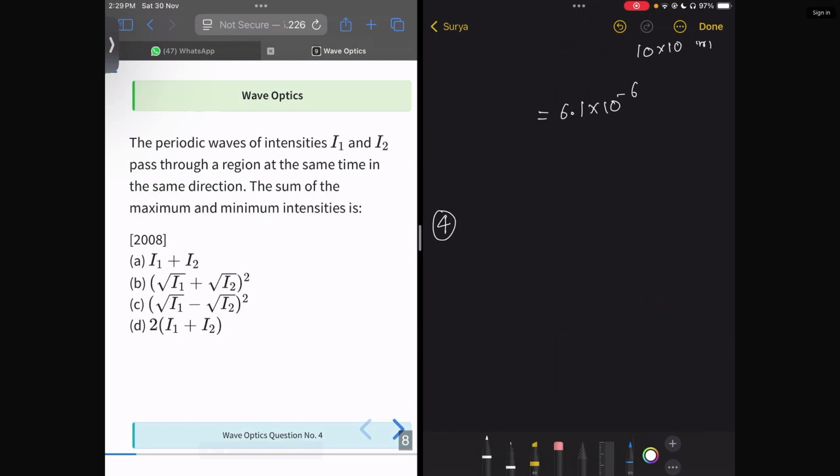The periodic waves of intensities I1 and I2 pass through a region at the same time in the same direction. They are asking for the sum of the maximum and minimum intensities.